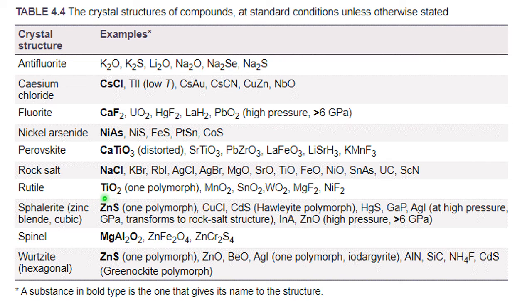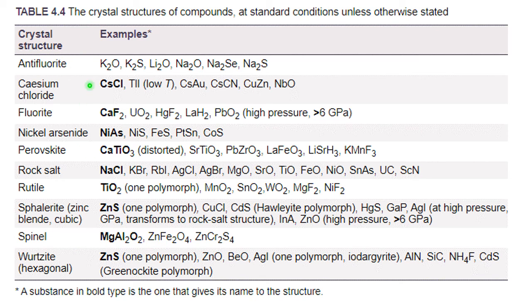Another one-to-one common structure is zinc blende, a cubic structure that gives plenty of one-to-one structures like cadmium sulfide, gallium arsenide, gallium phosphide, indium arsenide, zinc oxide, so on. Wurtzite, another polymorph for zinc sulfide, is hexagonal. Again, there are plenty of binary compounds of that sort. There is a large group named spinels, and we'll look at them as well.